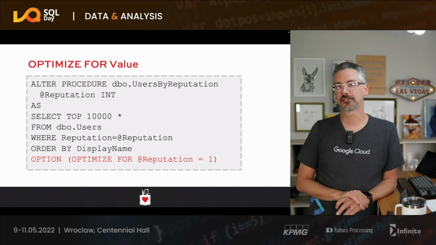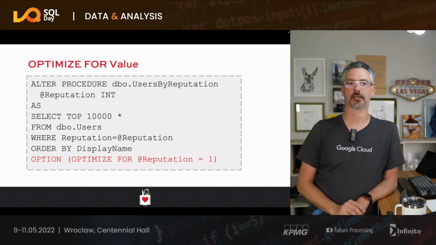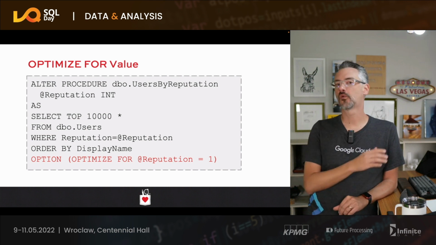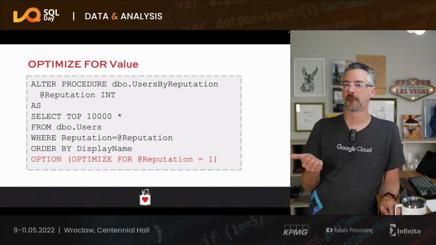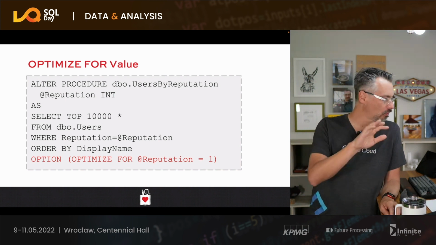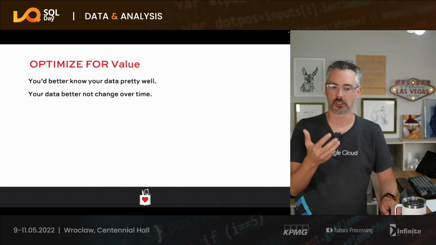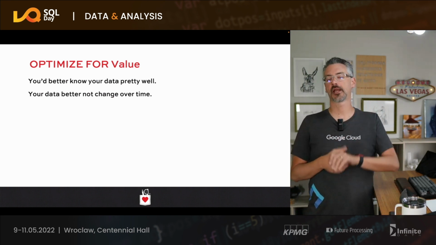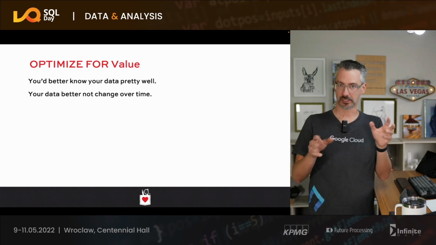Related to that is optimizing for a specific value. I love this. If there is one value that works well for everybody, you can hint that inside your code. For example, here, I'm saying, don't worry about whatever variable comes in. I always want you to optimize for reputation equals 1. This is kind of cool because it gives me a stable execution plan no matter when the SQL Server restarts or when the indexes are rebuilt.